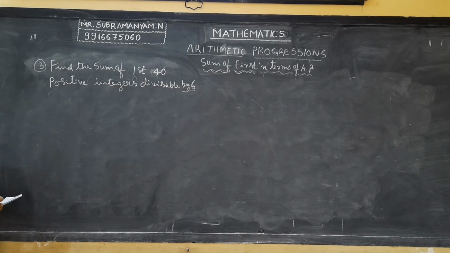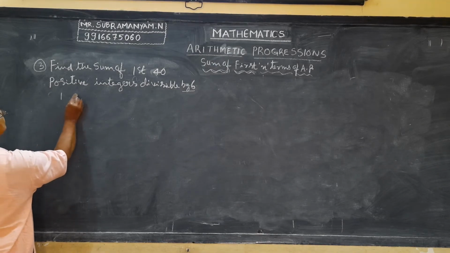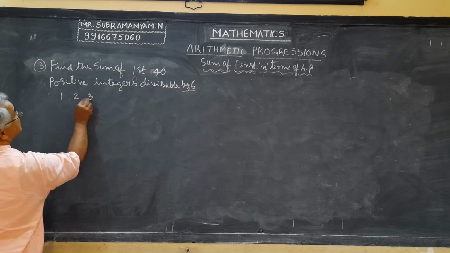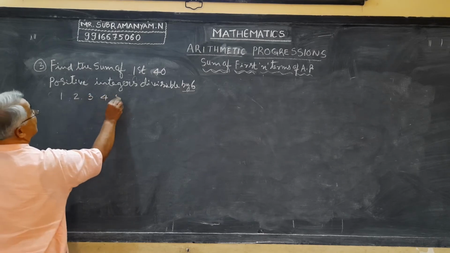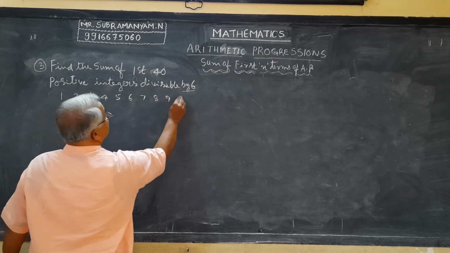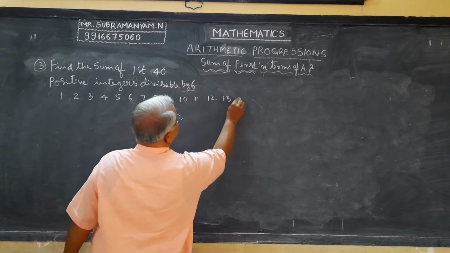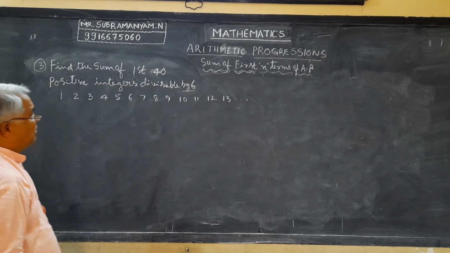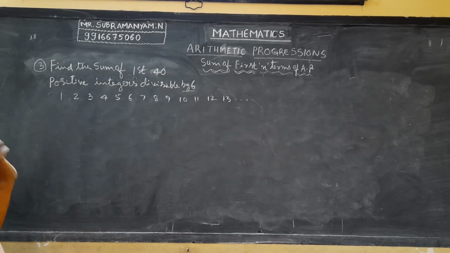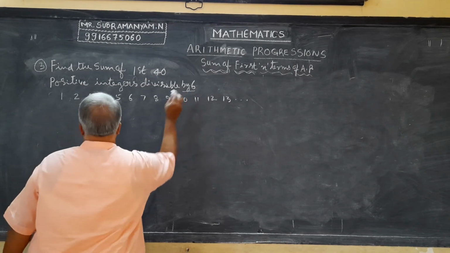So, first let us write integers, positive integers. Which are the positive integers? 1, 2, 3, 4, 5, 6, 7, 8, 9, 10, 11, 12, 13, etc. We don't want all the numbers. All integers we don't want. Divisible by 6.